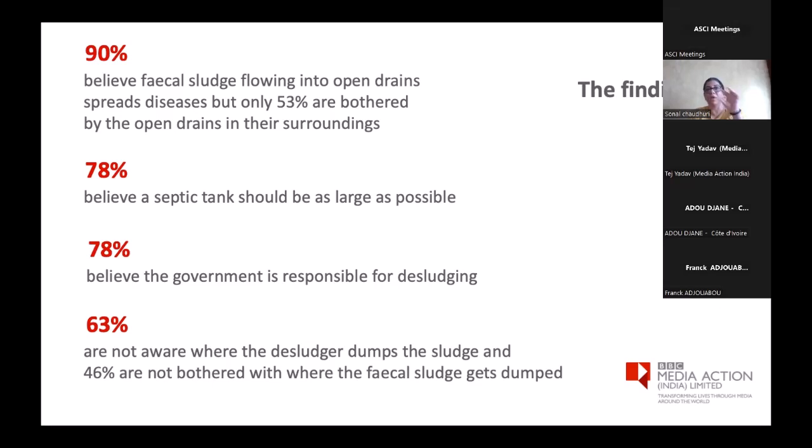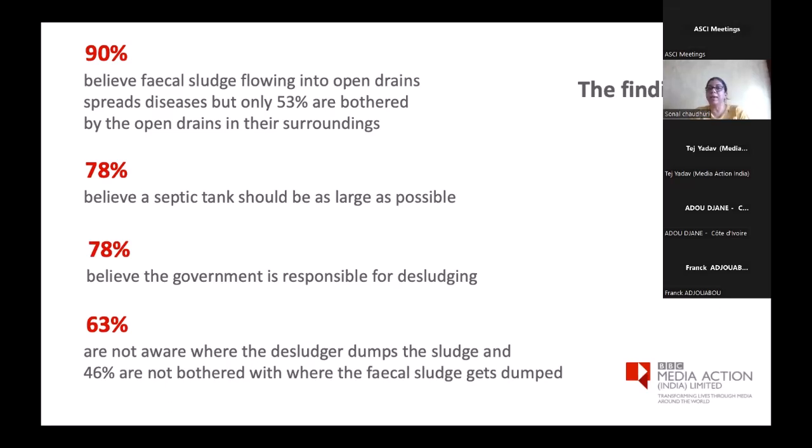So this lack of awareness was a key gap which we realized through our research. So we wanted to make the threat of diseases and water contamination very imminent to the populations.